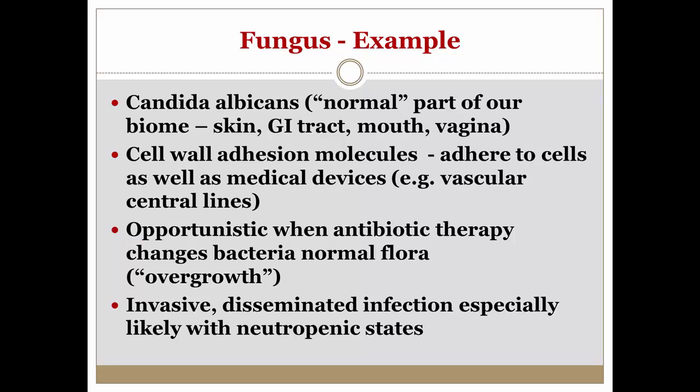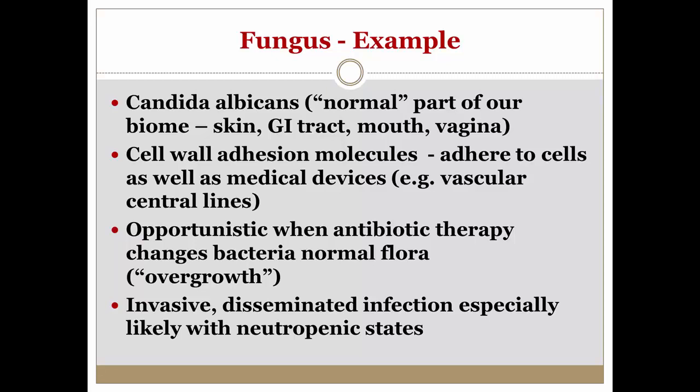So when we decrease that normal bacterial flora, we upset the balance between the antifungal agents and the normal microbiome Candida. So I call this a turf war, because what's happening is with the decrease in the bacteria, that allows then the Candida albicans to opportunistically overgrow or to grow.